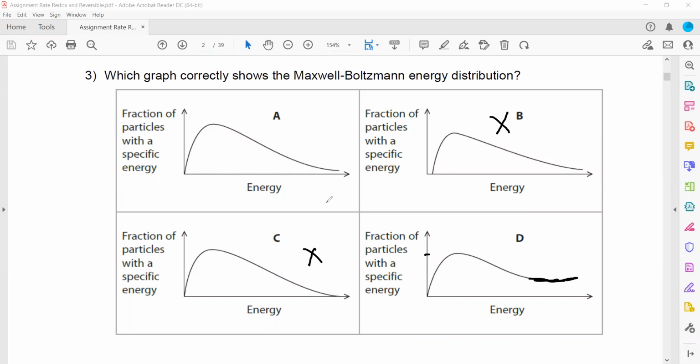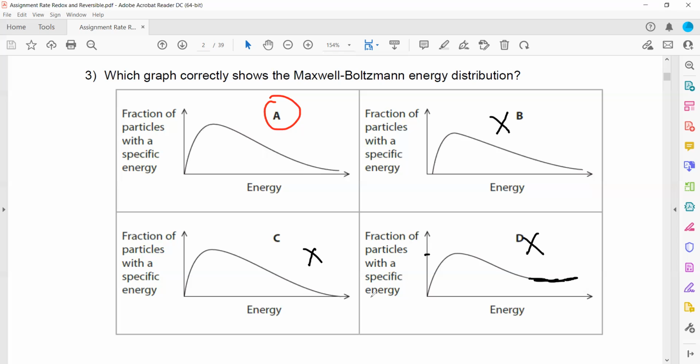So as we move towards the higher side, the number of the particles decreases. But for D, the number of the particles remains constant. That's why it cannot be D. So the valid answer is A. For question 3, the correct answer is A.